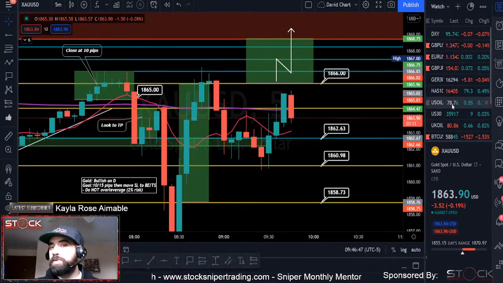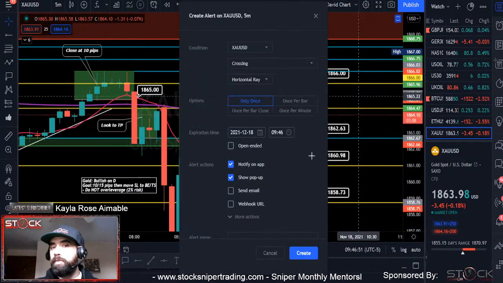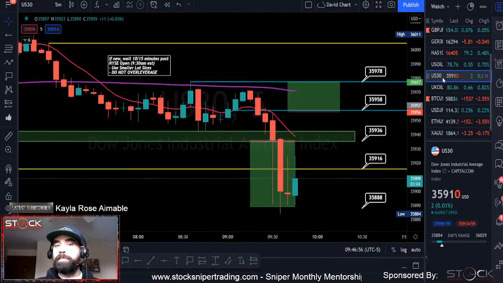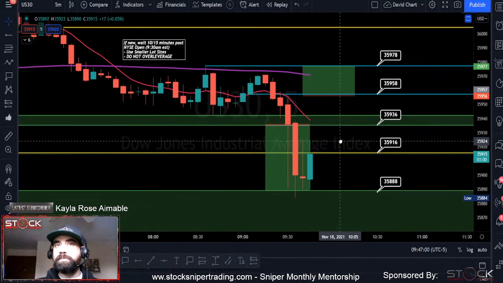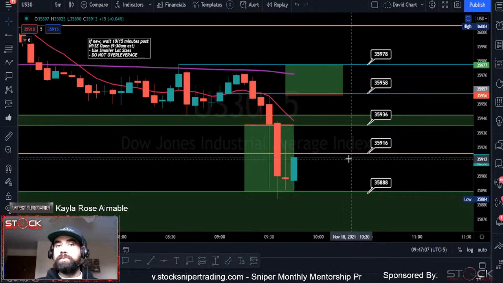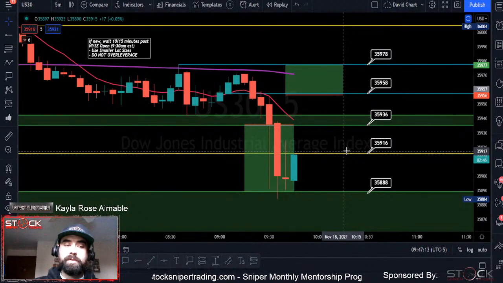Okay, so let's flip back to US 30. We'll come back to gold here. I'm going to set an alarm right here so we get an alert if anything goes off. Okay, so here's that secondary US 30 candle open. There's not too much really happening.